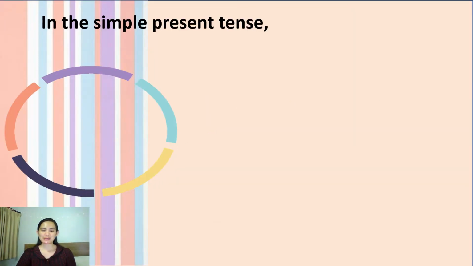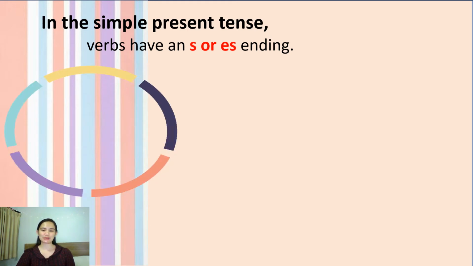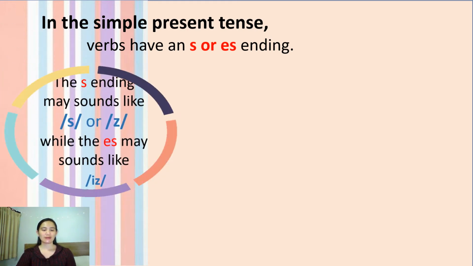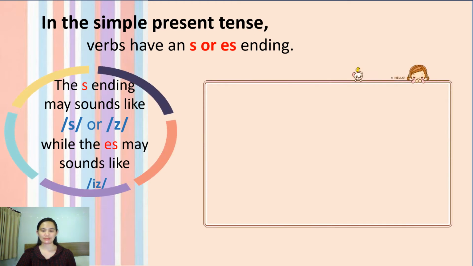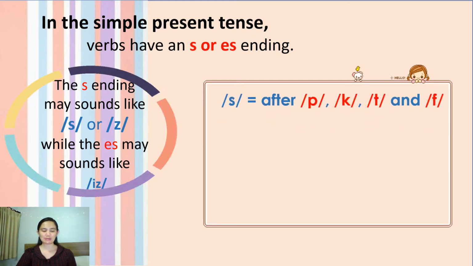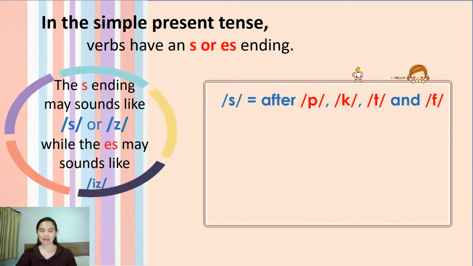In the simple present tense, verbs have an s or es ending. The s ending may sound like s or z, while the es may sound like iz. Take note, if the simple form of the verb ends with the sounds of p, k, t, the s at the end of the simple form of the verb sounds s.